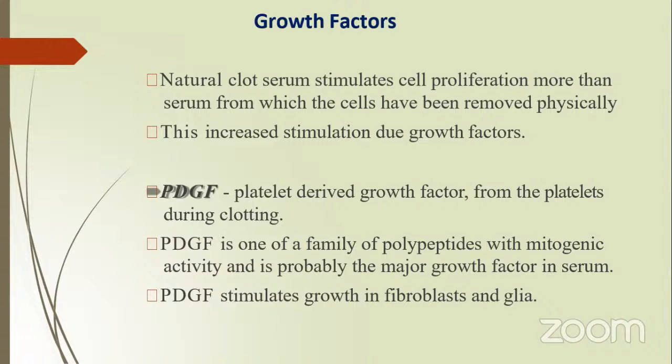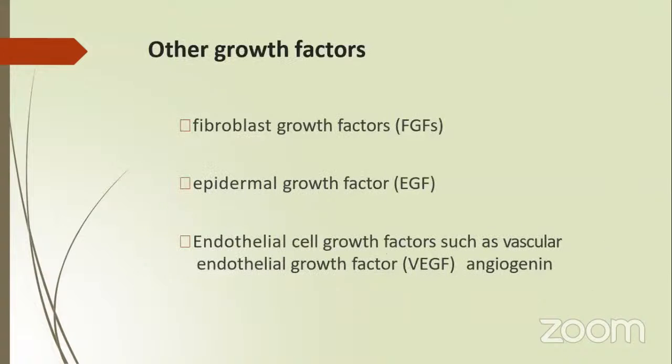It is one of a family of polypeptides with mitogenic activity, and it's a major growth factor in the serum. It stimulates the growth of fibroblasts and glia. Apart from platelet derived growth factor, we also have fibroblast growth factors, epidermal growth factors, endothelial growth factors like VEGF, that is vascular endothelial growth factor, which is involved in angiogenesis, that is blood vessel formation.